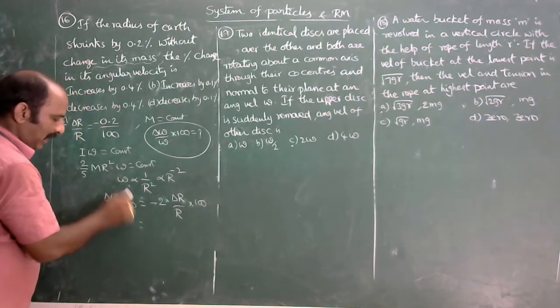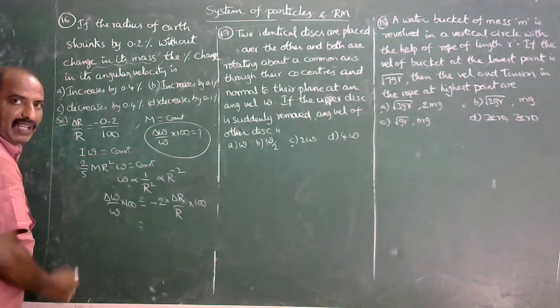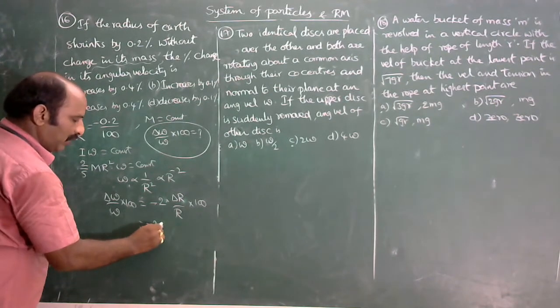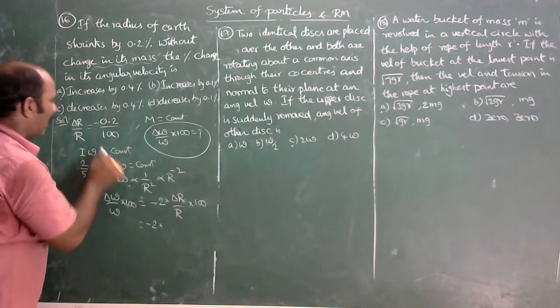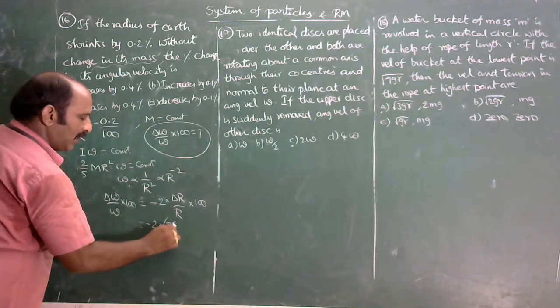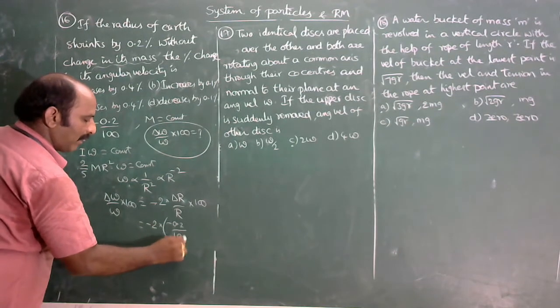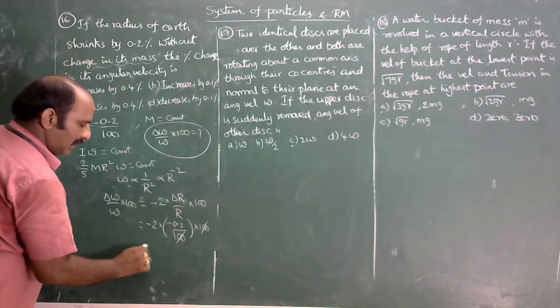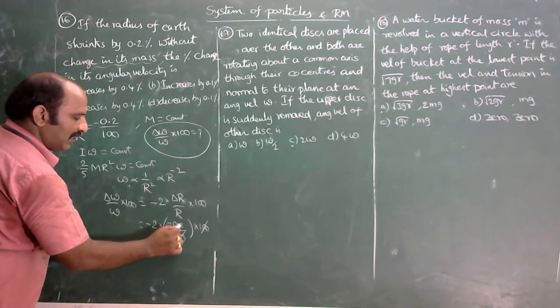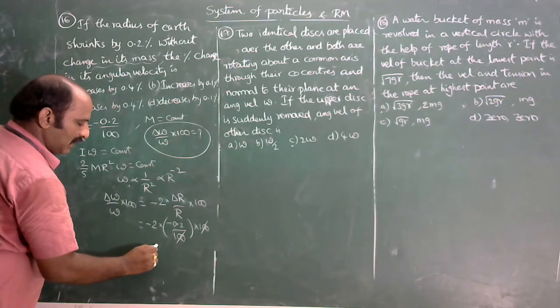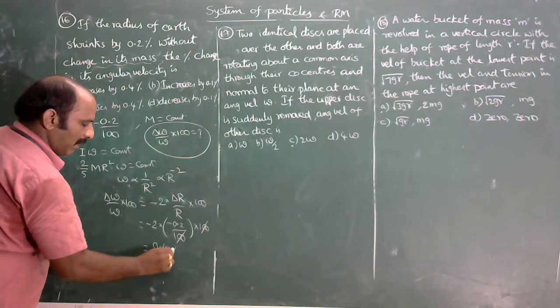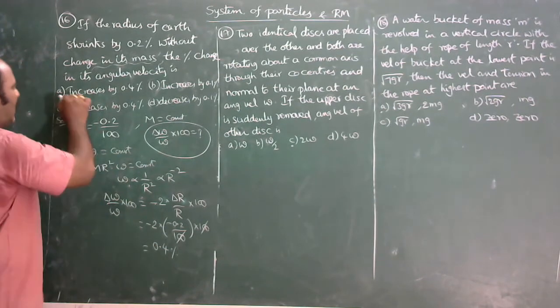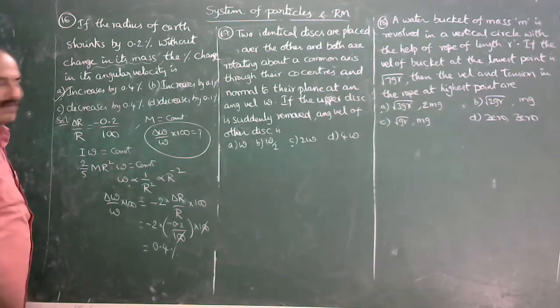This is nothing but percentage change in angular velocity. Now minus 2 into delta r by r value is minus 0.2 by 100 into 100. So 100 gets cancelled. Minus 2 into minus 0.2 is equal to plus 0.4%. Plus means increases. That's why option A is correct.